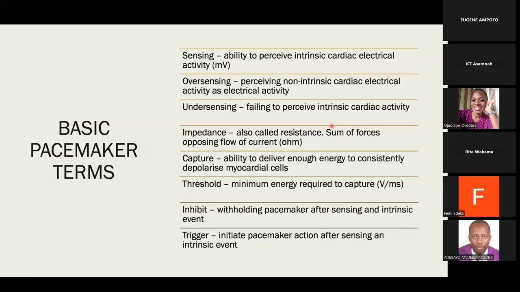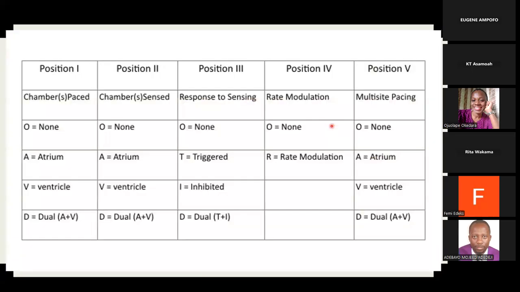Inhibition is a response to sensing, where the pacemaker senses the intrinsic cardiac activity and therefore does not attempt to capture. Whereas triggering means that the pacemaker senses, and because it senses, it now attempts to capture. That's the difference between inhibition and triggering.